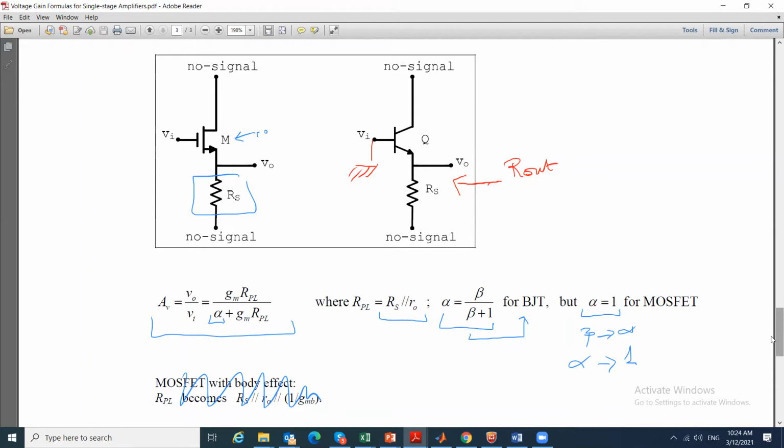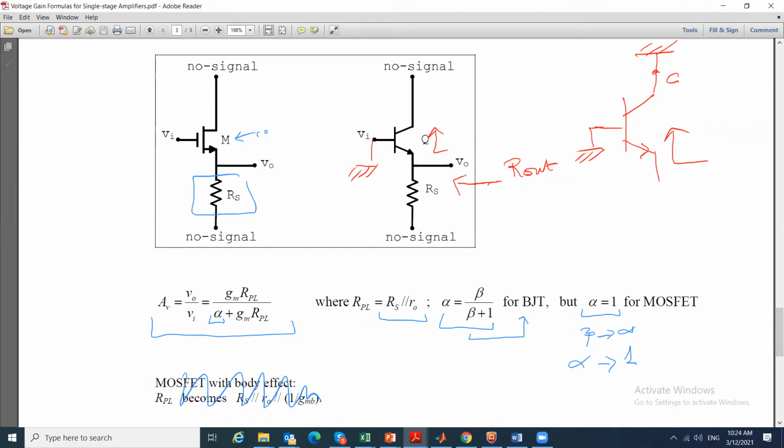But looking up here, what do I see? I will see this with the BJT, with the base grounded and the collector node grounded. So I want to figure out what is this effective resistance.